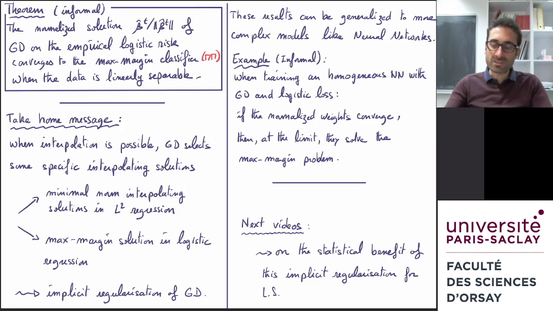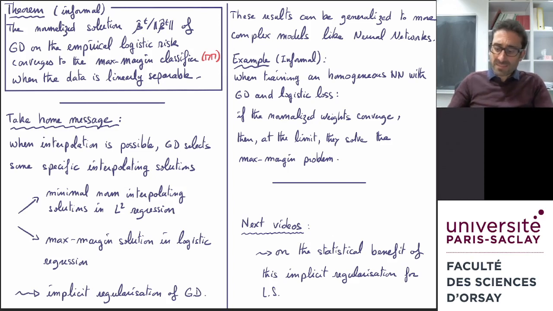But for example, if you consider neural networks that are homogeneous, so for example a neural network with ReLU activation without any bias term, and you use the logistic loss, then if the normalized weights converge, at the limit they will solve the max margin problem. So you see that this kind of result can be generalized to a more complex model, highly nonlinear, like neural networks.